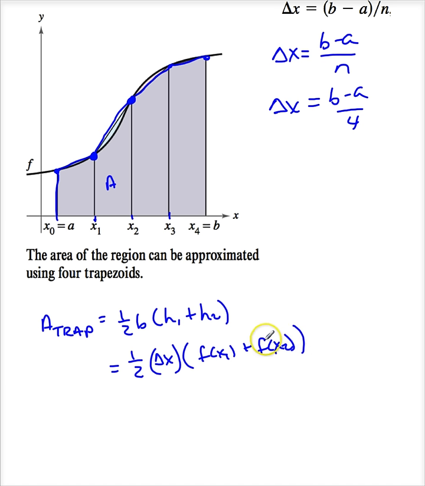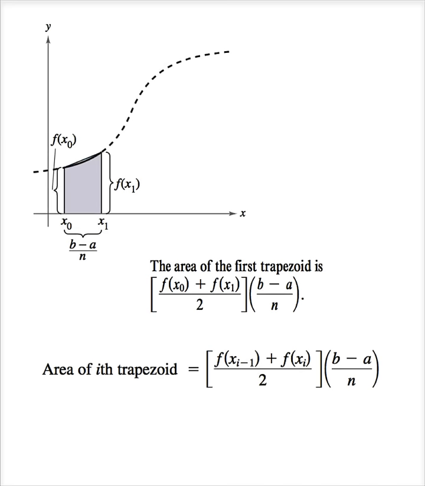In general, you're going to want to make a chart because I think that makes it easy. In general, you also usually have a calculator with these. So if we look at the area of the first trapezoid, what is that going to be? Well, it's f at x0 plus f at x1 divided by 2 times delta x, which is b minus a over n.